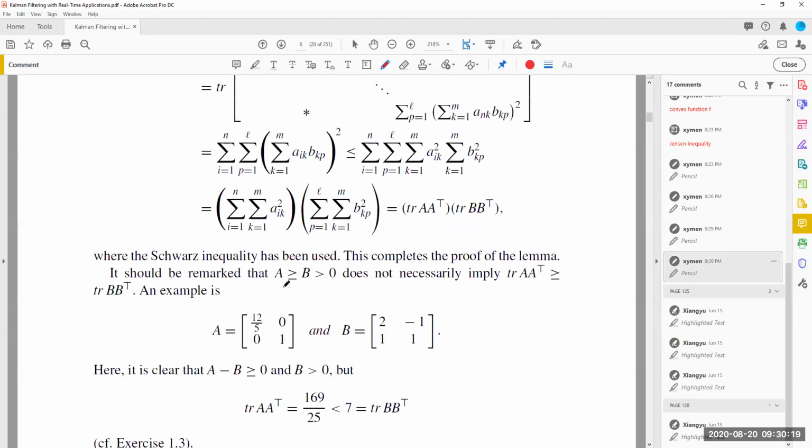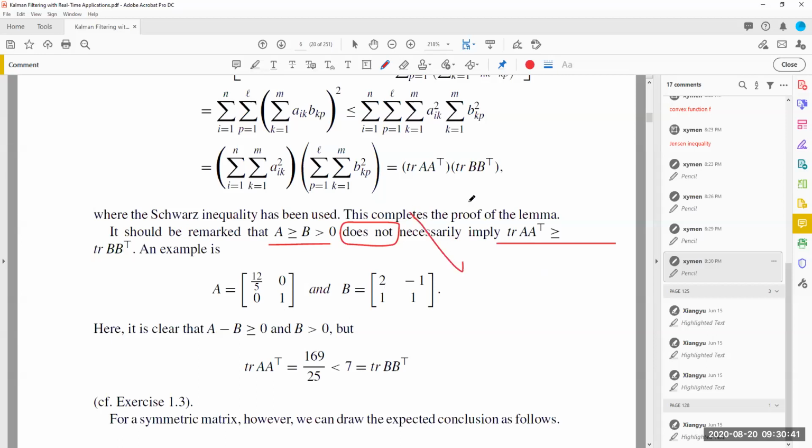So this result is something: if A is greater than B, greater than 0, it doesn't necessarily mean that the trace of A A transpose is greater than or equal to the trace of B B transpose, okay? So this generally is not true.